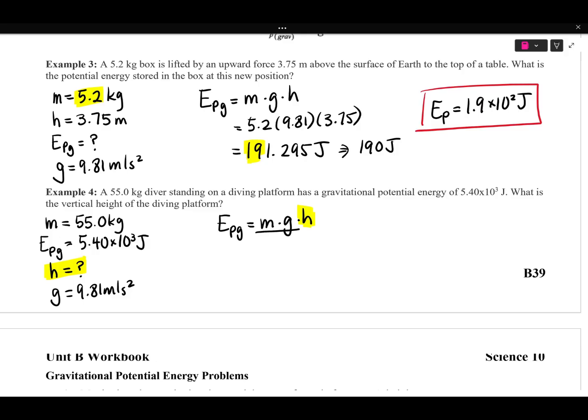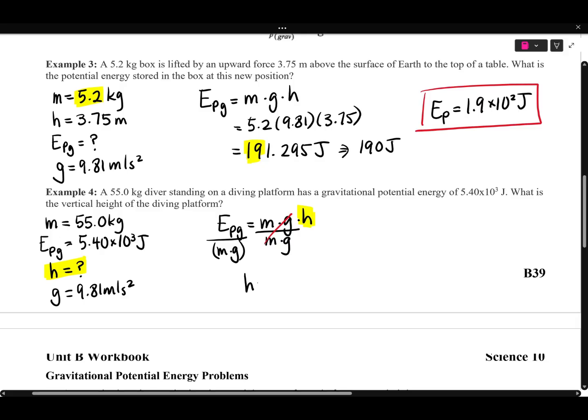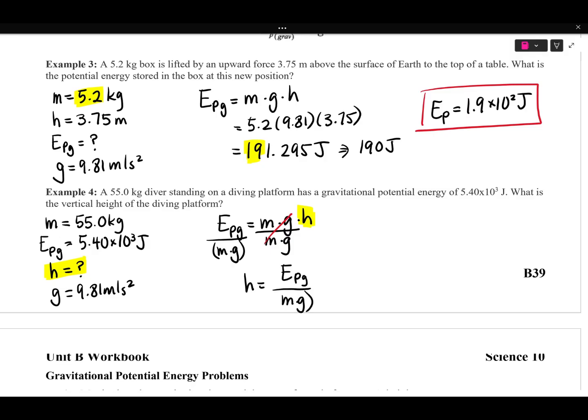So if we take the right side and divide by M times G, the M and G are going to cancel on the right. But we did that to the right side, so we also have to do it to the left side. So now the formula for height becomes the potential energy divided by M times G, and we're going to make sure we bracket that in our equation in our calculator.